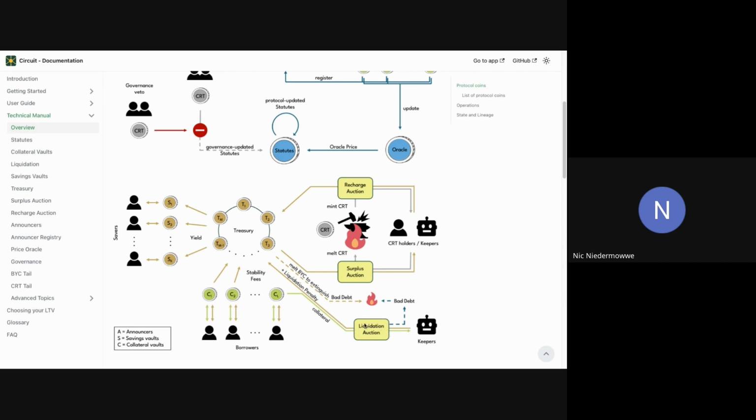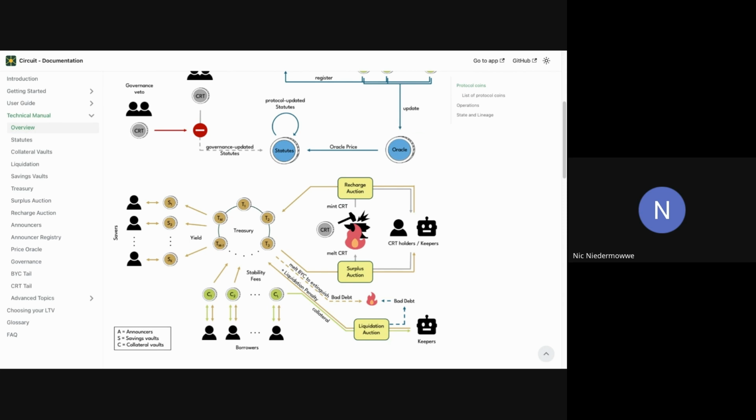Liquidation auctions are Dutch auctions. Again, this is a feature taken from MakerDAO 2.0, actually. They introduced that. And it's quite a nice way to do a liquidation auction. It incentivizes people to bid quickly and not play games with delaying bids and that kind of thing.